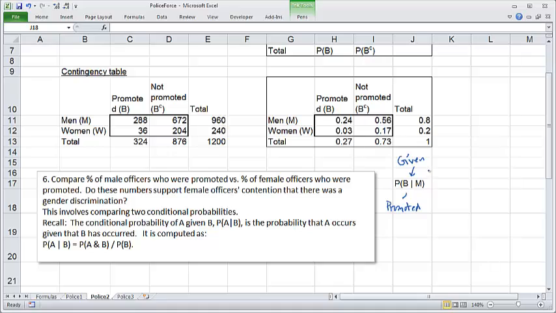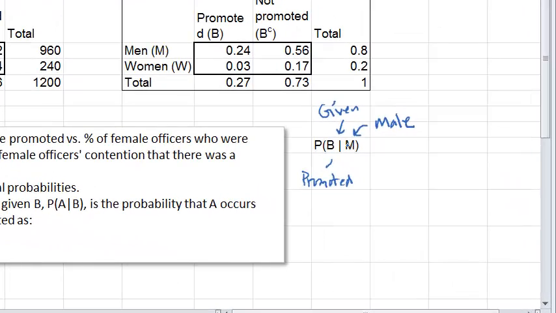And what is given? Male police officer. So given that we have a male police officer, we want to know the probability this male police officer was promoted. That's a conditional probability: you have a given condition, and we want to know the probability of something else that is unknown.